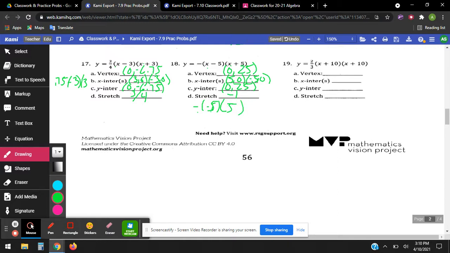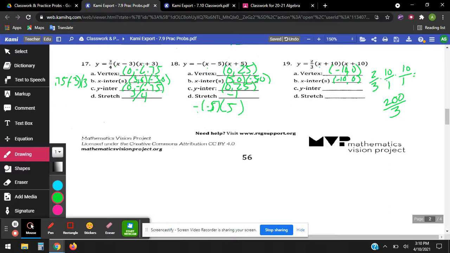Okay, last one on this page, x-intercepts. Looks like -10 for that one. Oh, that one is also -10. So our vertex is on our x-intercept, and our y-intercept would be 2/3 times 10 times 10, which is going to be 200/3, which 200 divided by 3 is 66.